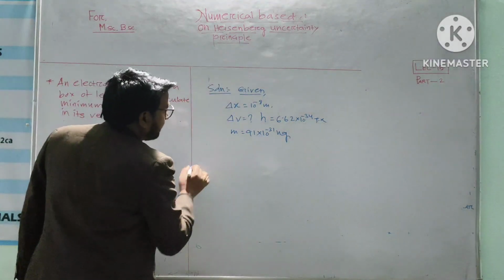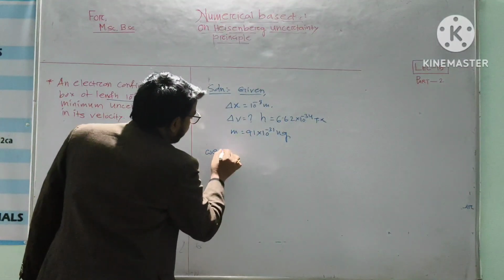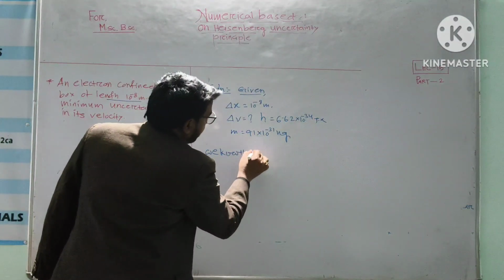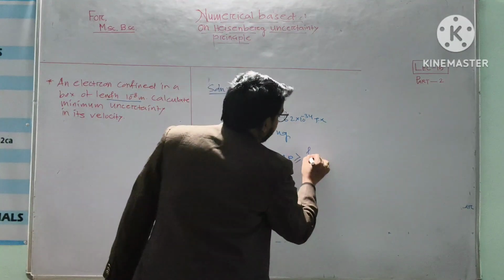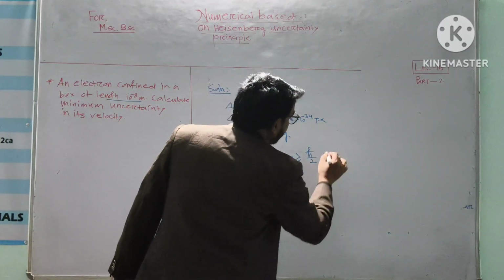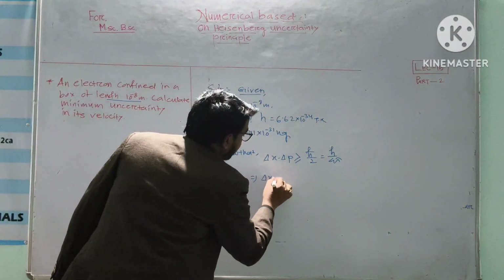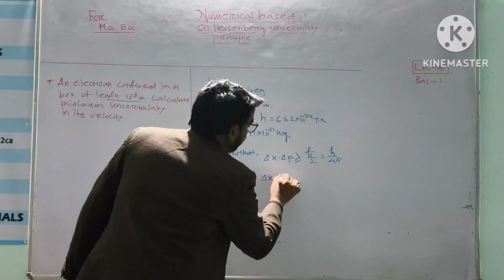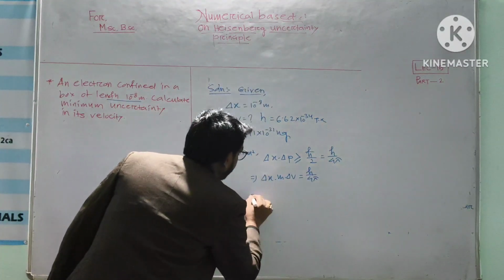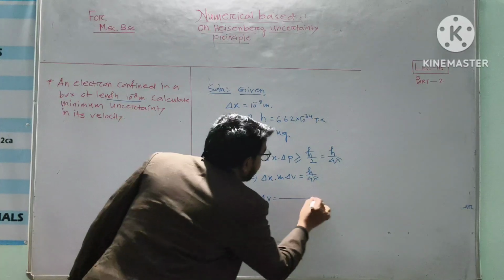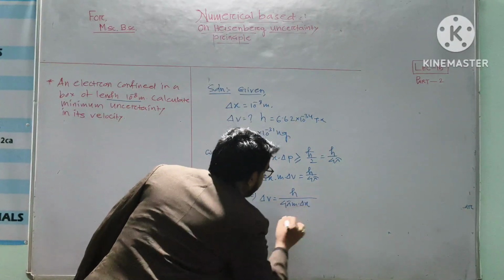By using the Heisenberg uncertainty principle, we know delta x into delta p is greater than or equal to h bar divided by 2, equal to h by 4 pi. Delta p we can break in terms of m into delta v, and this is equal to h by 4 pi. So delta v equals h by 4 pi m into delta x.